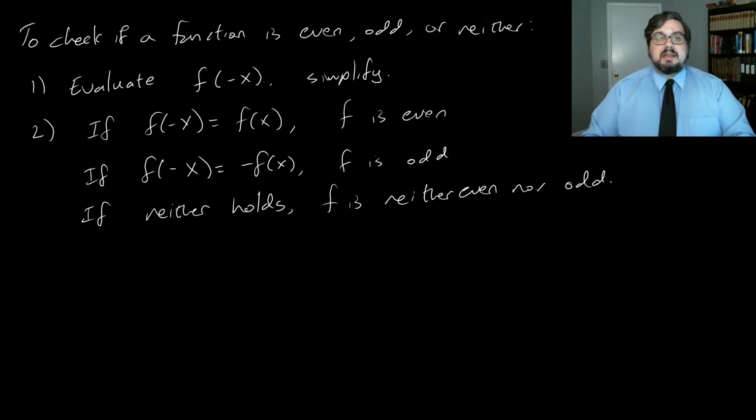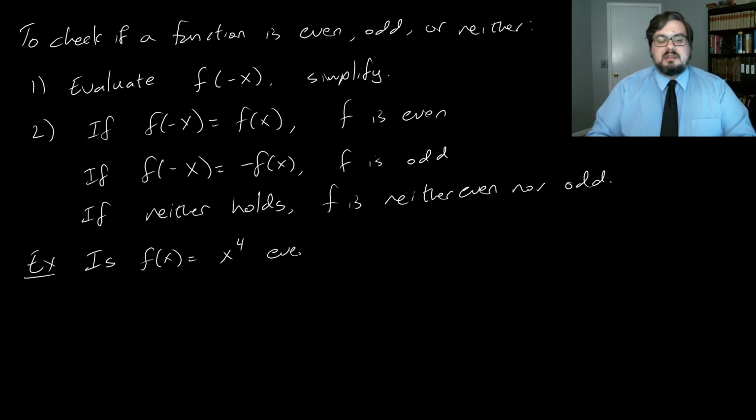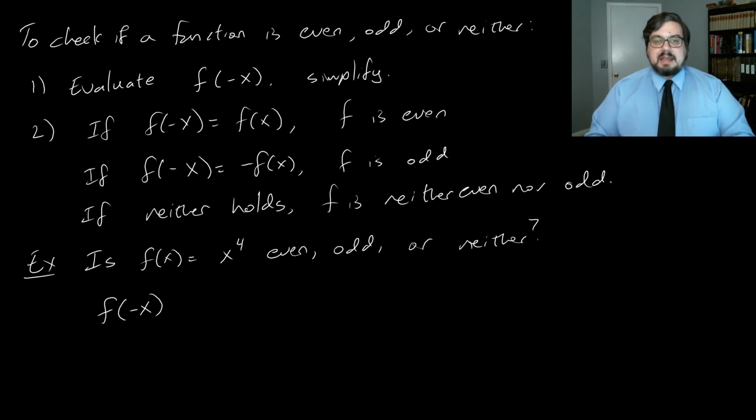So let's take a simple example. Let's ask, is the function f of x equals x to the fourth even, odd, or neither? Well, the way that we answer this is we say, what's f of negative x?